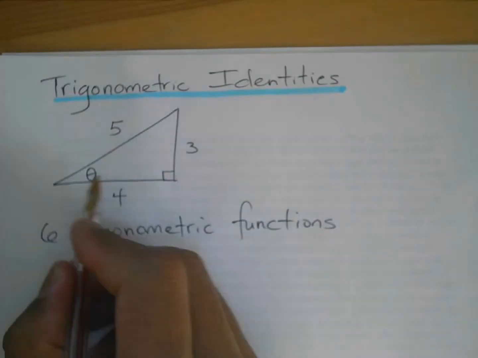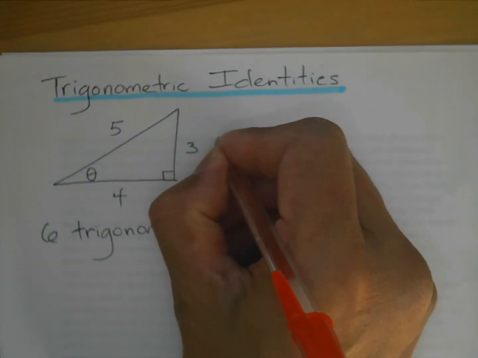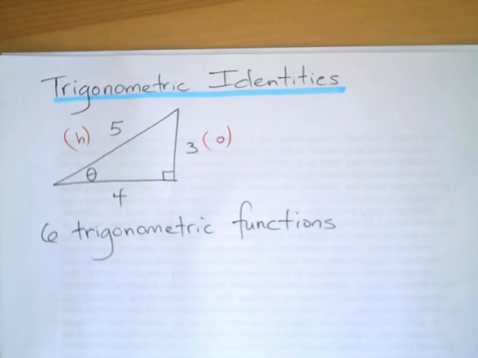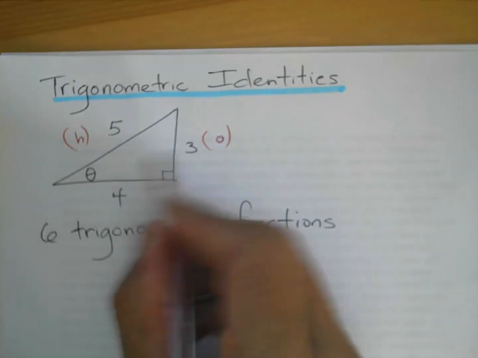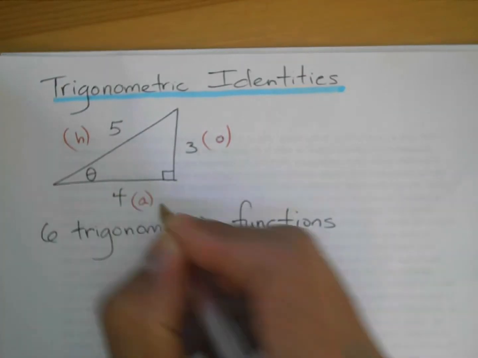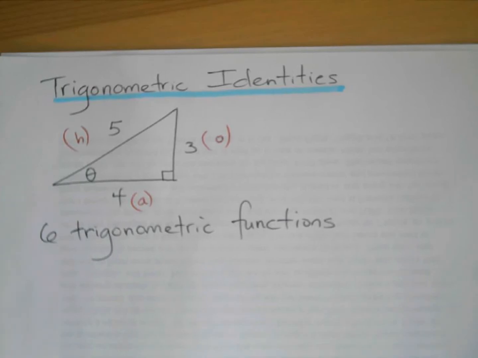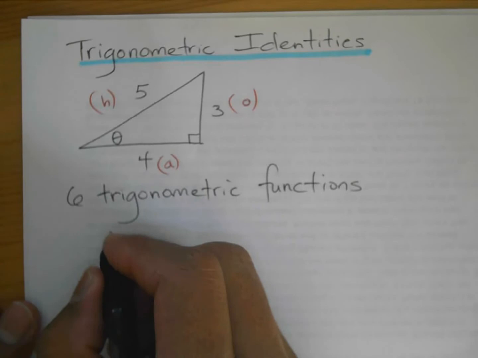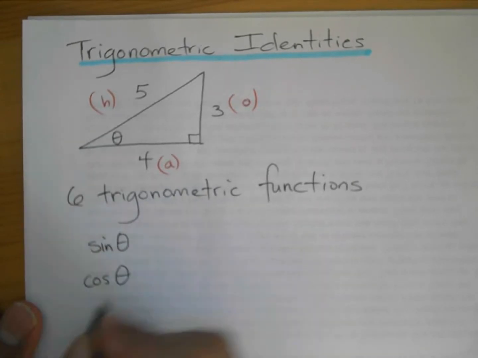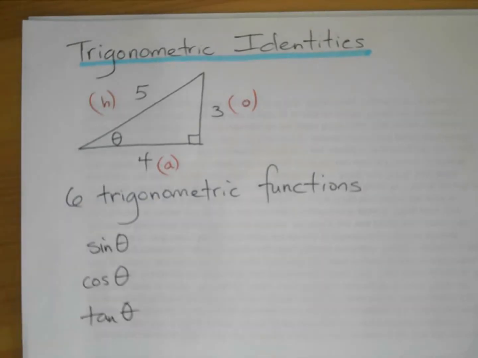So if this is the angle here, well, then this is the opposite side. We know the hypotenuse side. We should actually label that one first. This one's opposite of the indicated angle. And this would be the adjacent, right? And you know this already, you know sine, cosine, and tangent.